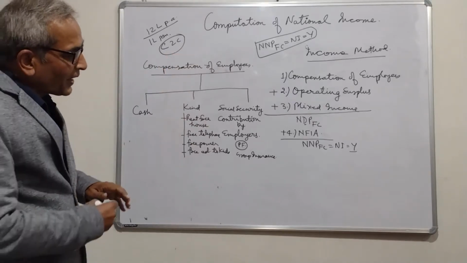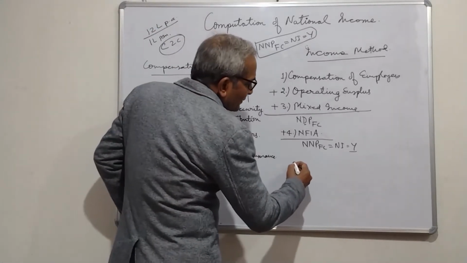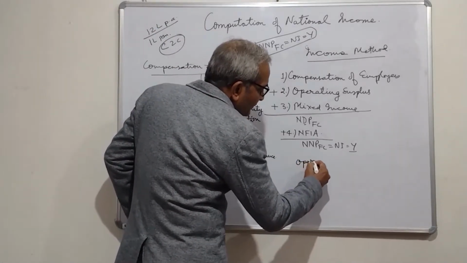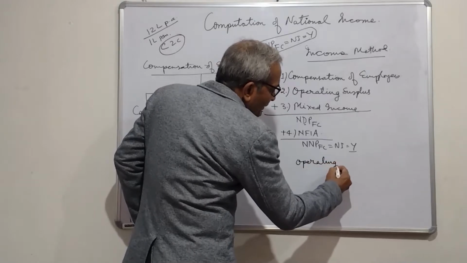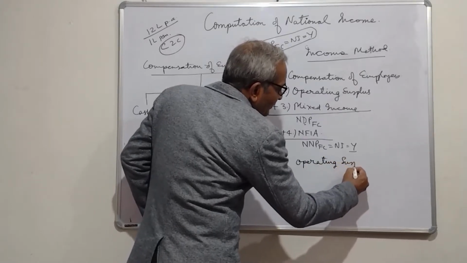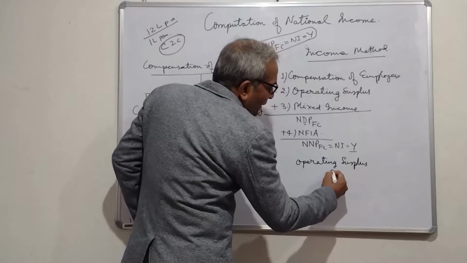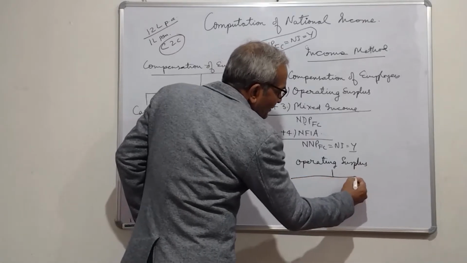Right? Then we have operating surplus. This is the main part. It has two subparts.